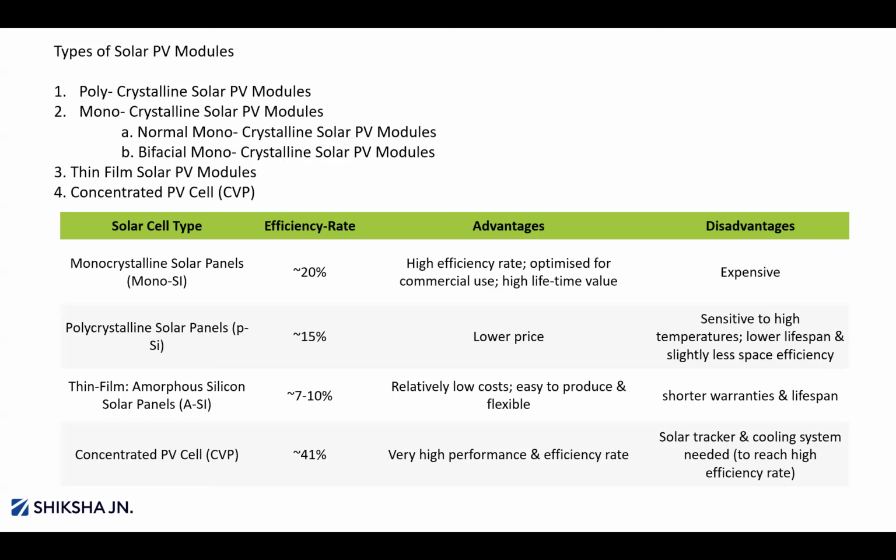But after 2020, monocrystalline modules give higher efficiencies even at higher temperatures, like Indian temperatures. So the entire market is switching to monocrystalline modules. Now in India, all are using monocrystalline modules.